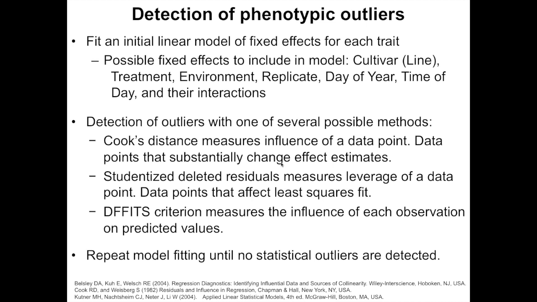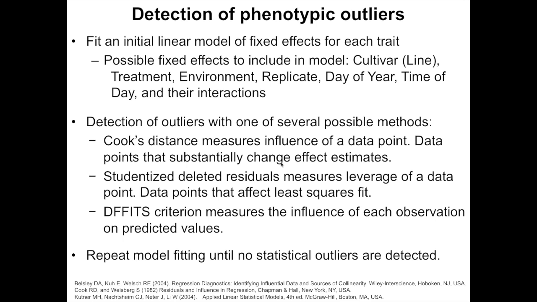So some of the possible approaches to test for outliers I have listed here. One thing I really want to be clear about: there are several possible approaches, and I'm not advocating any one. If you have questions, you should maybe consult with people who are experts in this area.